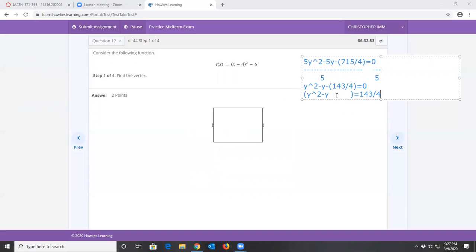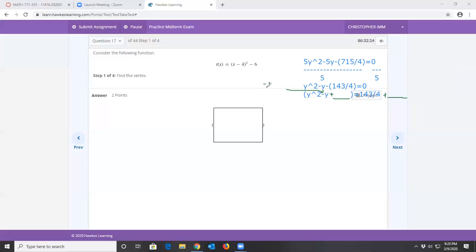So what I want to do is add the same thing to both sides to complete the square on the left, and I'm going to balance the equation over here. To complete the square, I look at the coefficient in front of the y, that middle term. It's -1, sort of like the b in ax squared plus bx plus c.